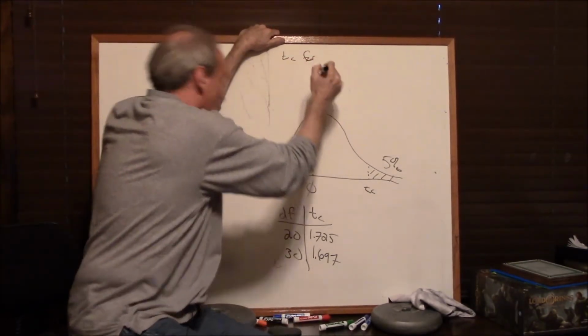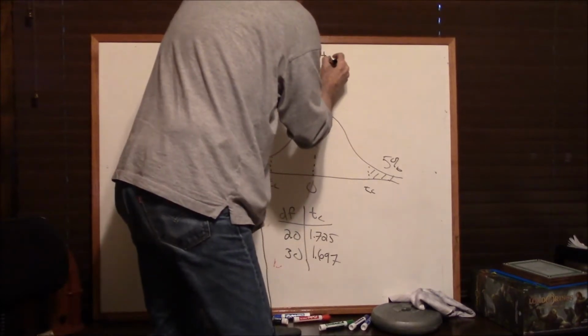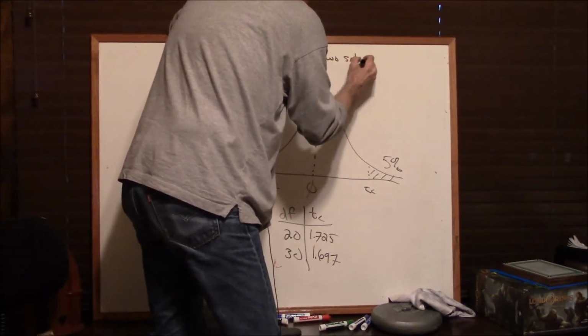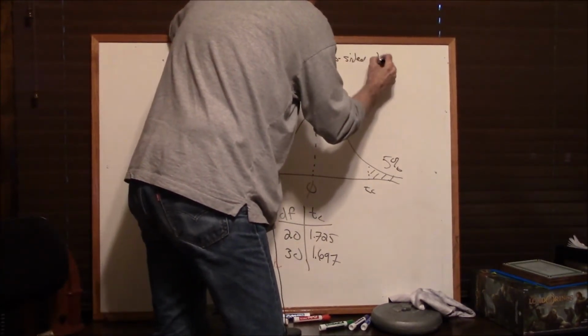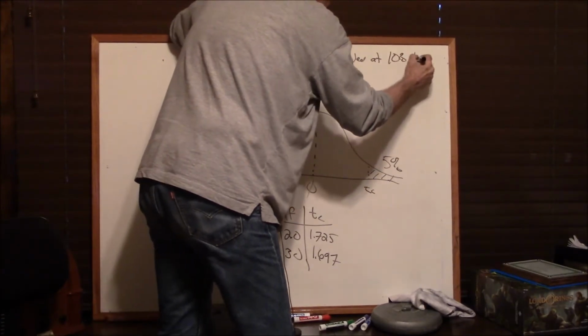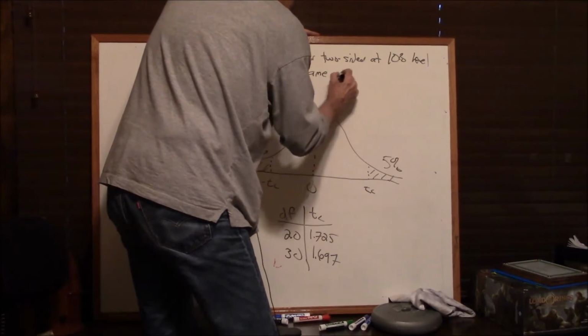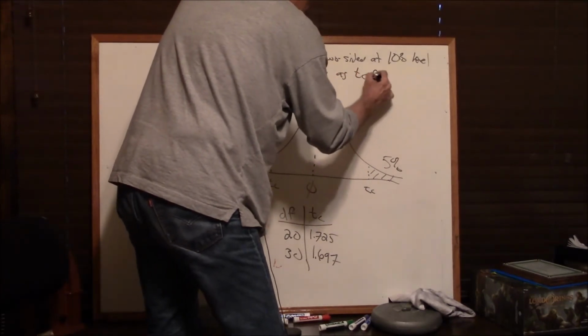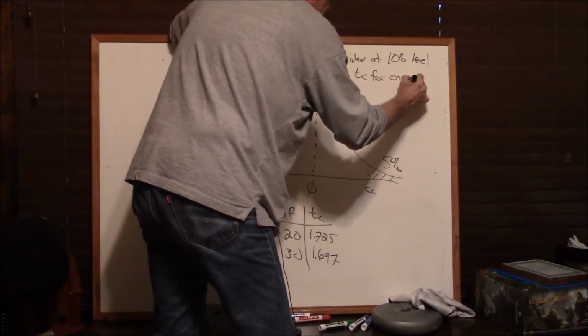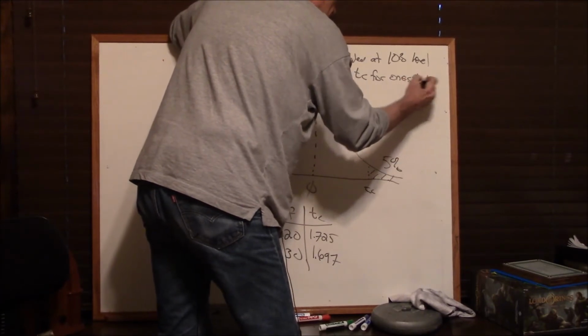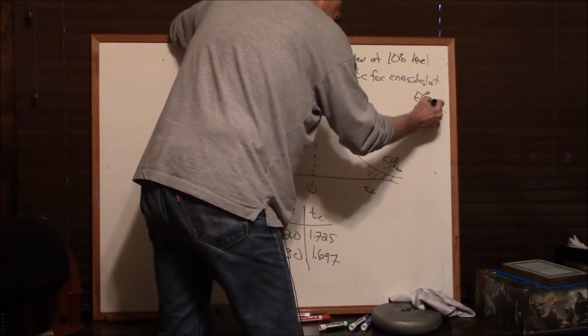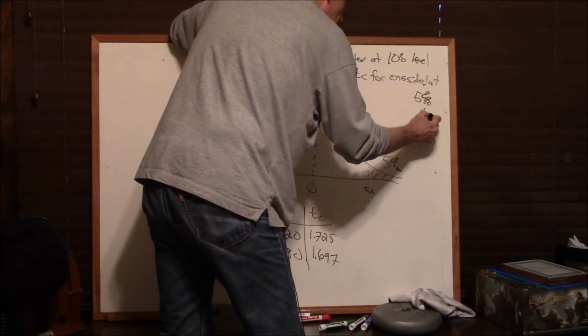TC for two-sided at 10% level is the same as TC for one-sided at 5% level.